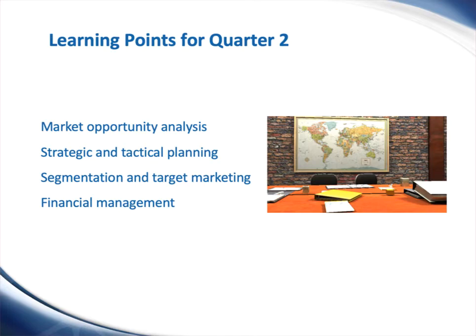In summary, what will be the learning points for quarter number 2? Number 1, show us your capability to analyze the market opportunities that exist for the firms. Develop strategic and tactical planning skills. Show us your ability to segment and target certain markets with appropriate products.